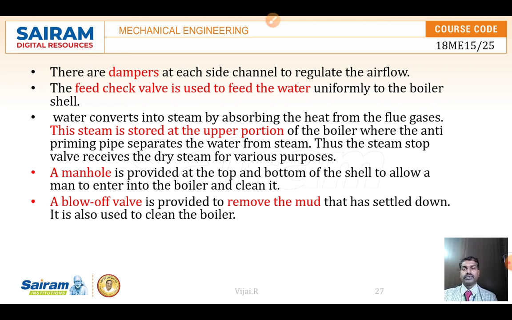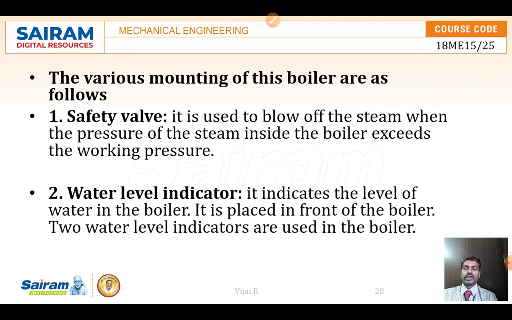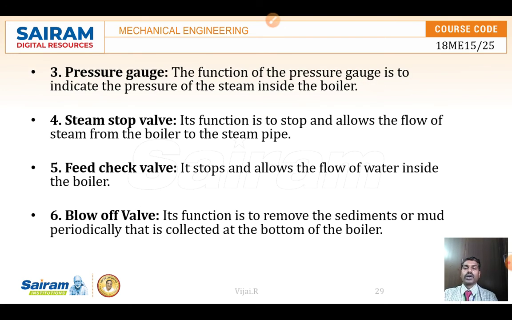The manhole is present for maintenance purposes and to remove the mud that settles because the huge amount of water is present for a long time, and the impurities have to be removed. Here the safety valves are needed, and the water level indicator shows how much water is present.